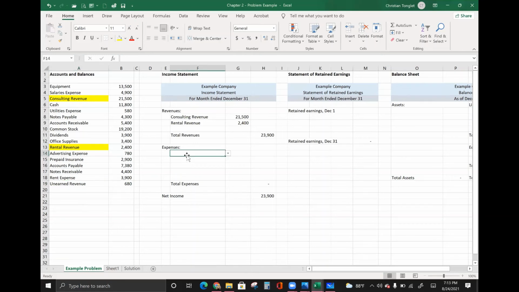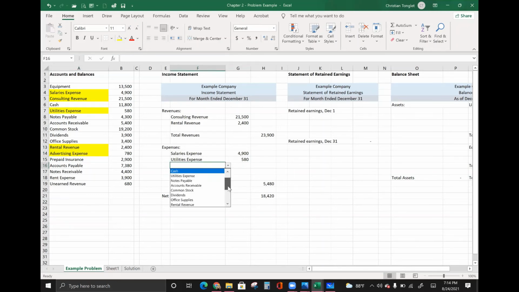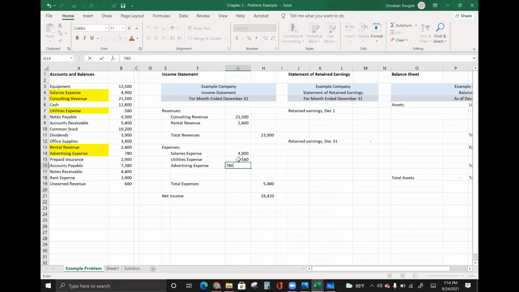Okay, so let's look for expenses. We have salary expense, $4,900. We have utility expense. Advertising expense, $780.